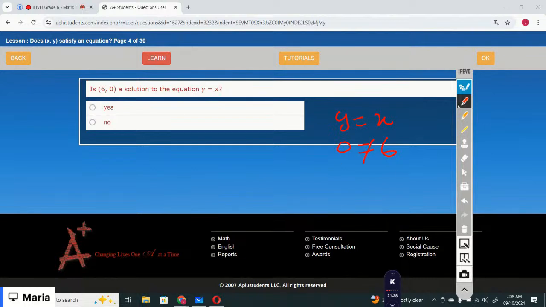They are not equal. The correct option is no.